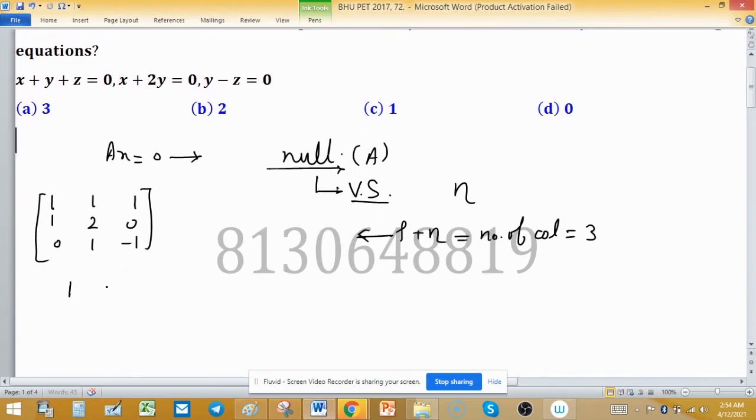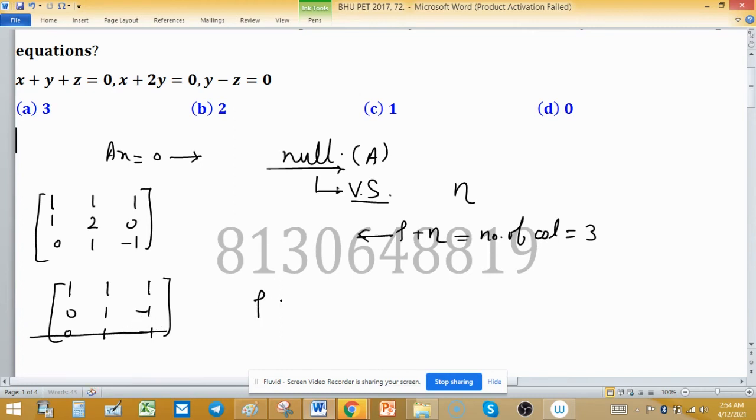So apply an elementary row operation here. Directly subtract R1 from R2. So this one will be 1 and this value is minus 1, then 0 1 minus 1. Whenever you have two rows either in the same proportion or the same, cancel one row.